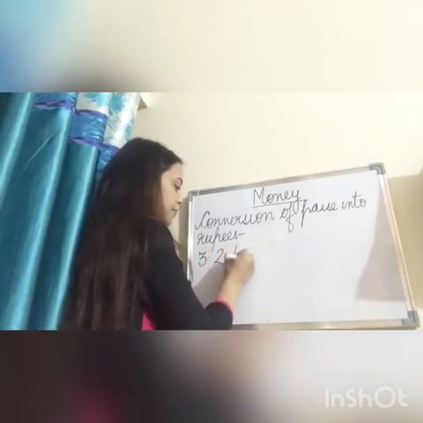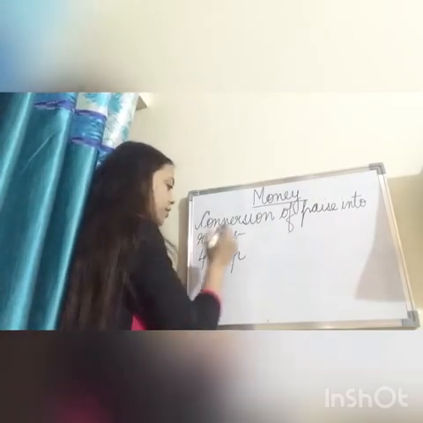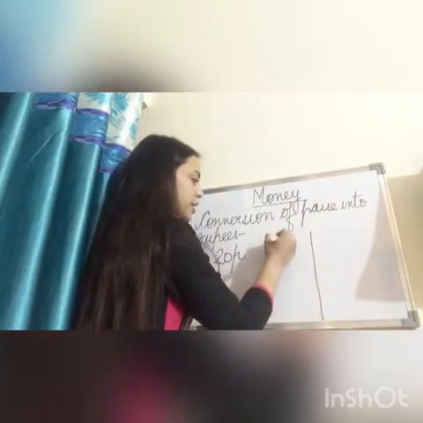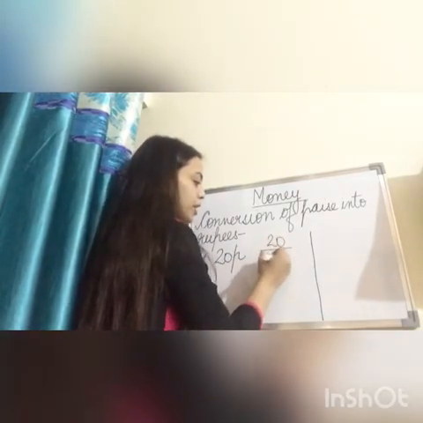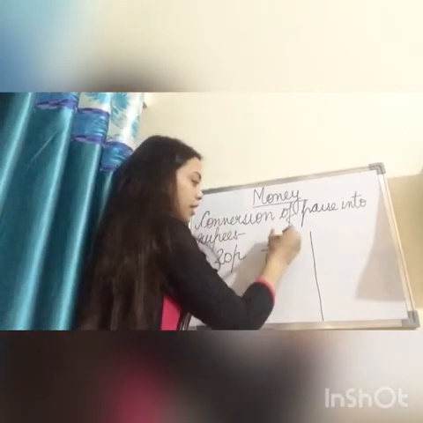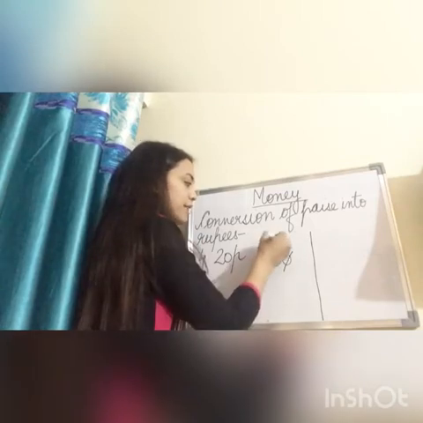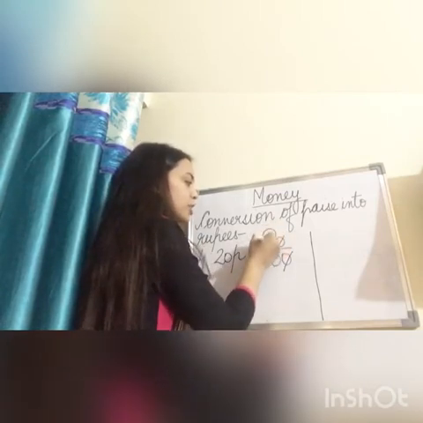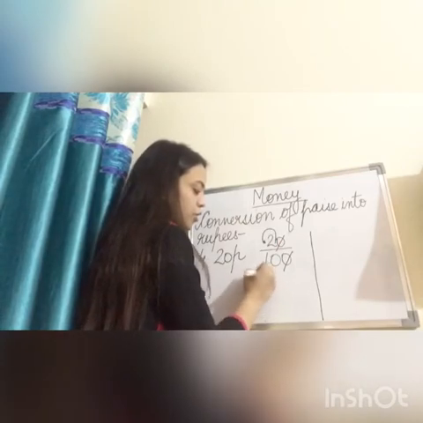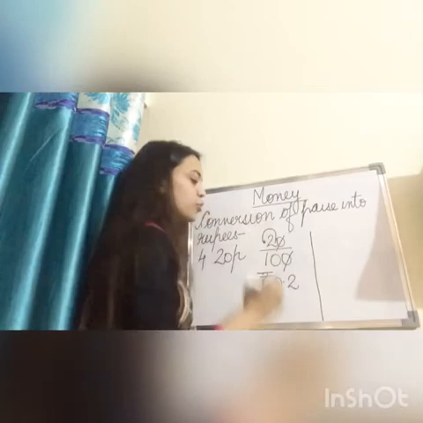Next, 20 paise. Now again there are two ways to do this sum. First way is 20 upon 100. Now 0 is there at the last, so we can cut one 0. Now how many zeros are left? One 0 is left. So we will just put a decimal here. It is equal to rupees 0.2.